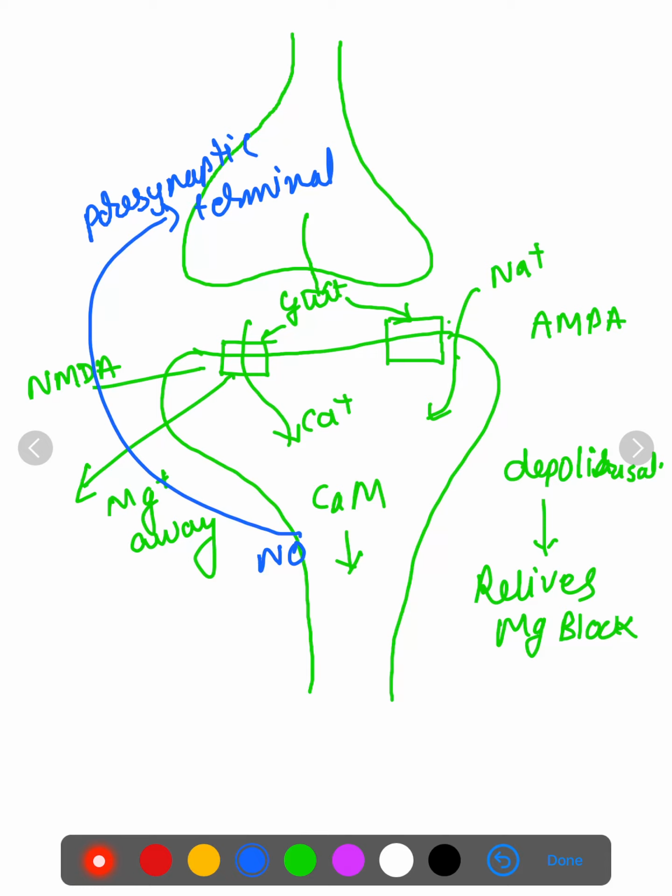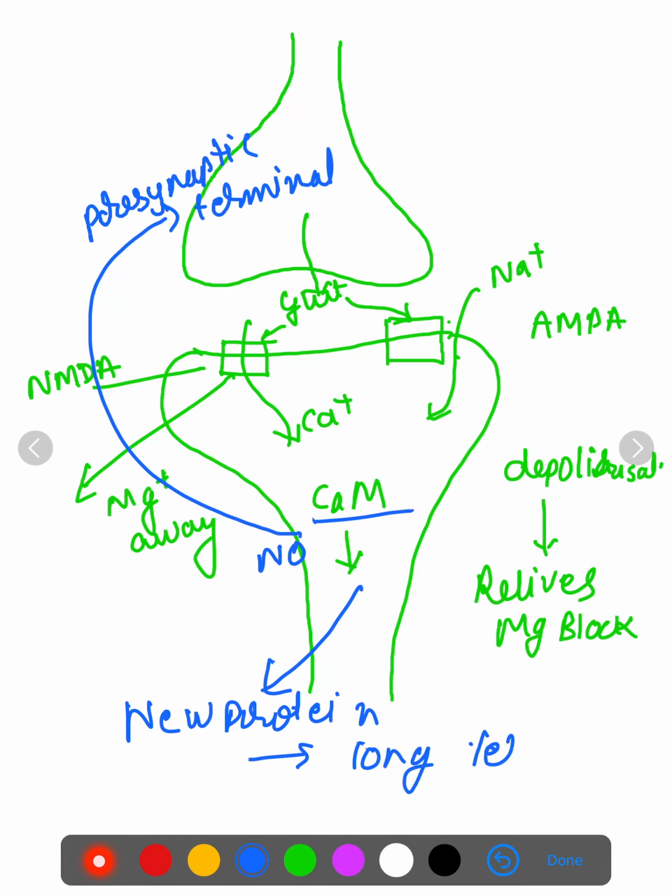Not only that, this calcium calmodulin is also helping in the formation of new protein, or you can say long term changes like structural changes. So this is the mechanism in the hippocampus, that is, the Schaffer collateral.